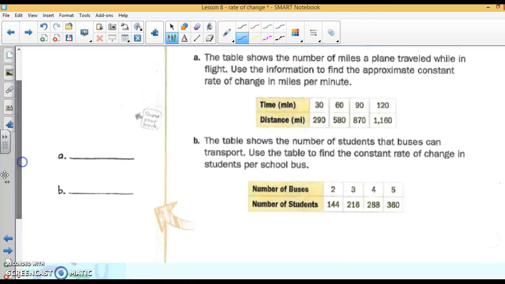So let's take a look at these. This is distance and miles per minute. So our rate of change is going to be k is y over x.